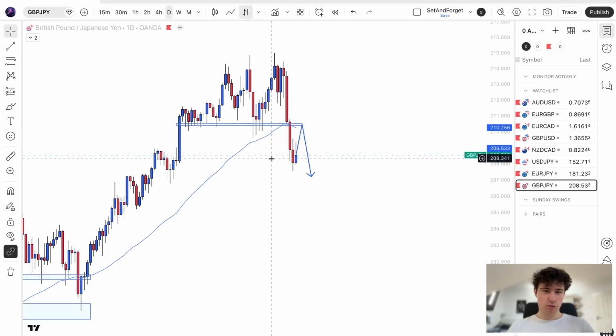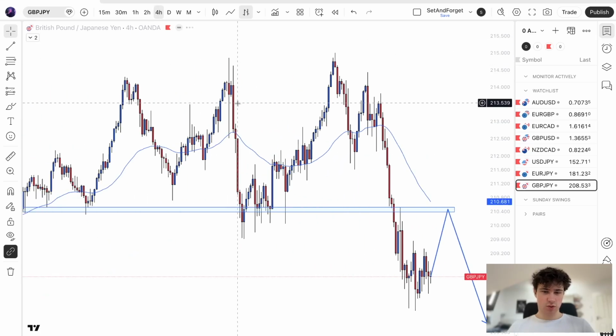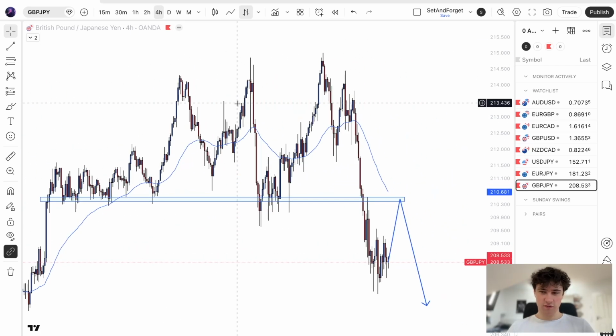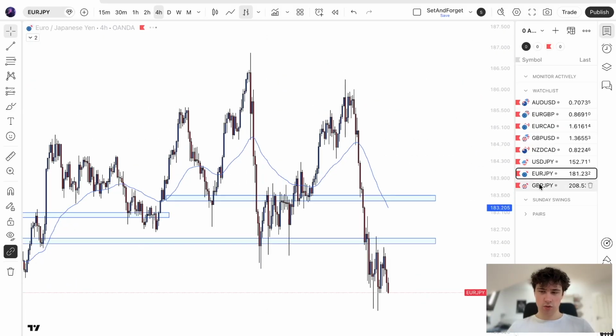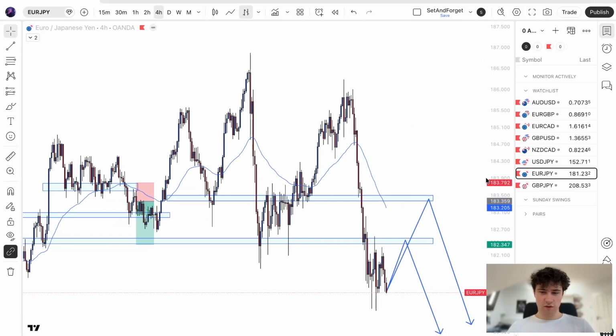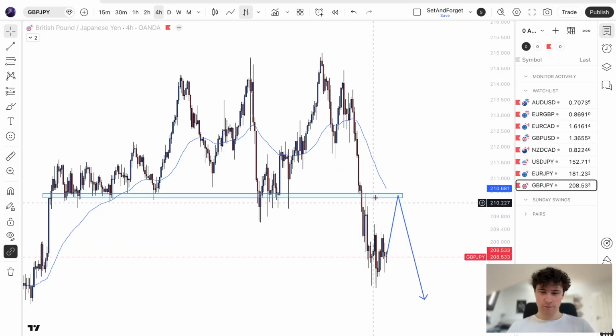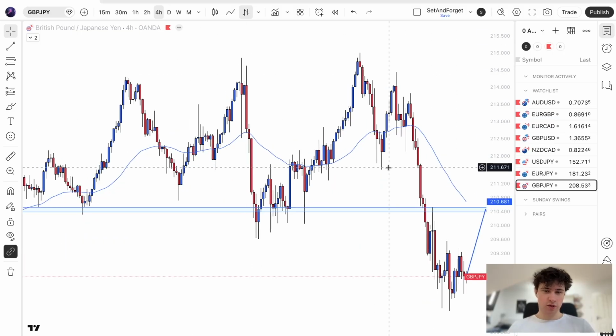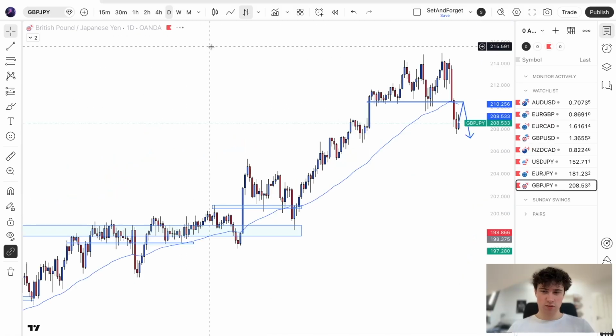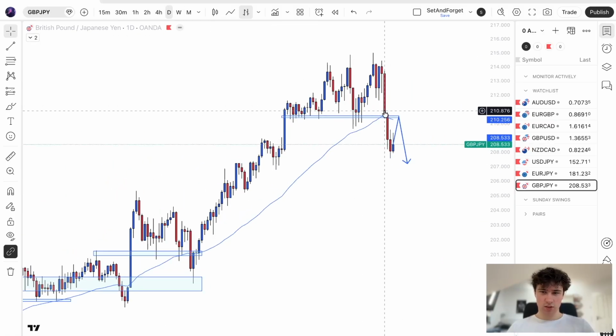And GBP-JPY, we have this super strong area of interest, and this is also the only area of interest that we do have. So this is cleaner than EUR-JPY and USD-JPY because they both have two areas of interest, while GBP-JPY only has one area of interest, which makes this the cleanest pair.